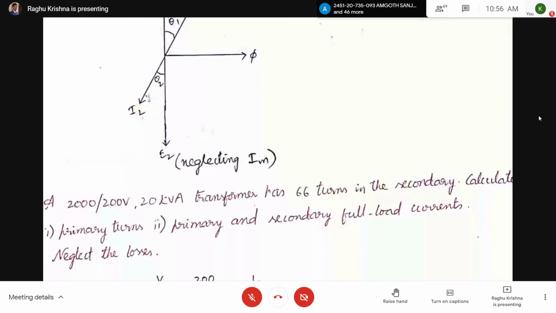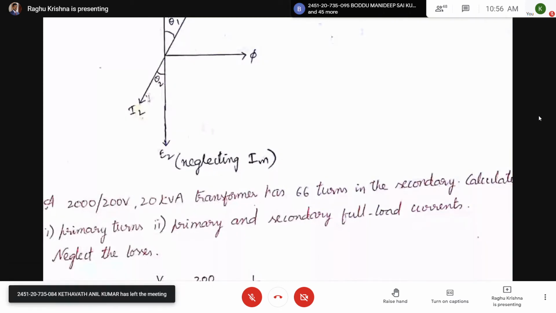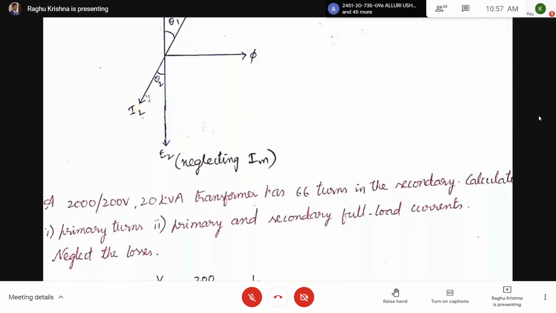Okay. Now here, the transformer has 66 turns in the secondary. We need to calculate the primary turns N1. We know that N2 by N1 is equal to V2 by V1. So V2 is equal to 200 and V1 is equal to 2000. N2 is equal to 66, and we have to calculate N1.